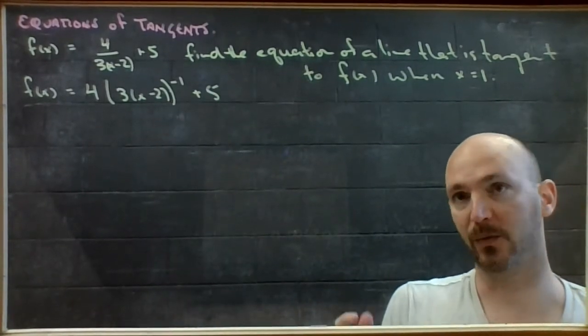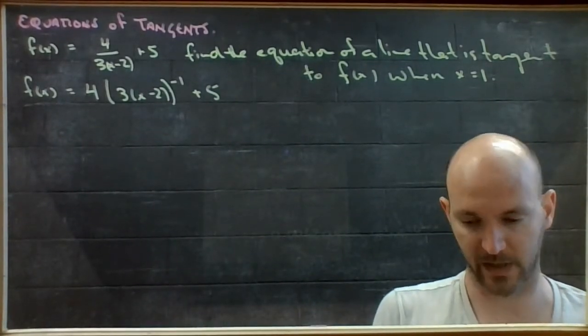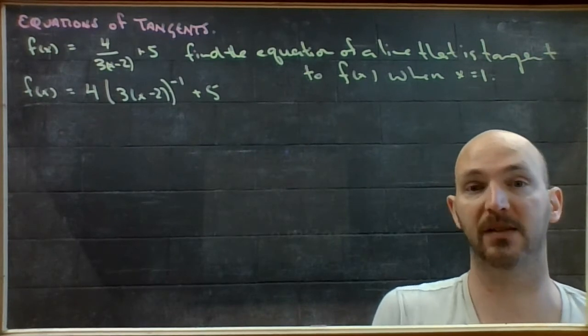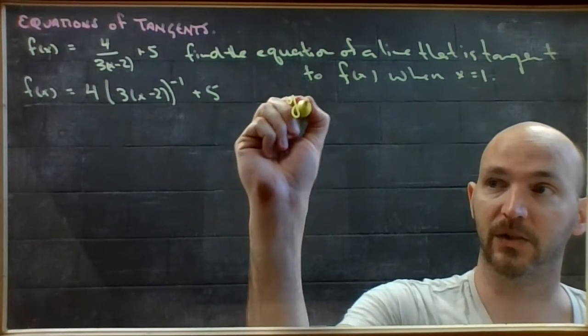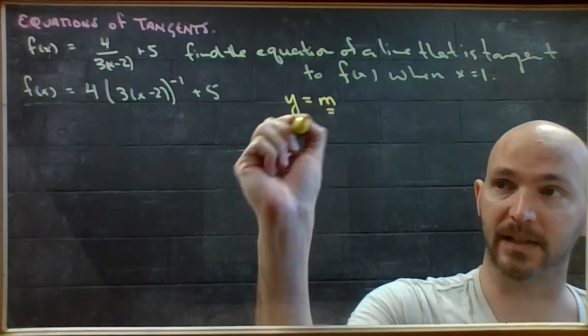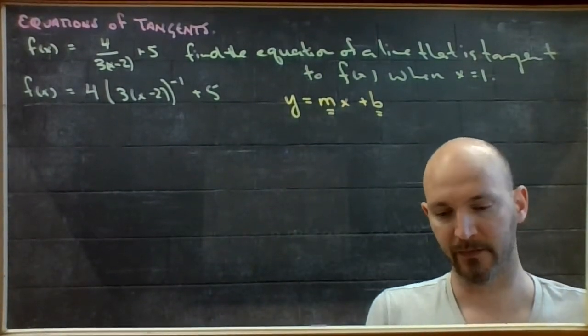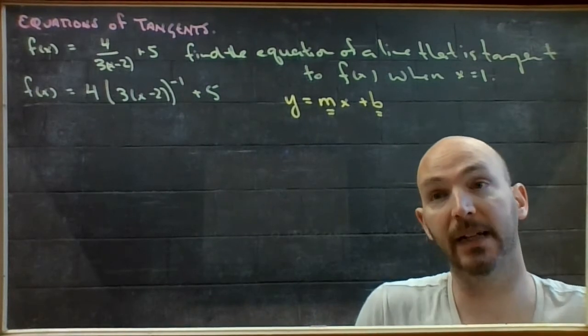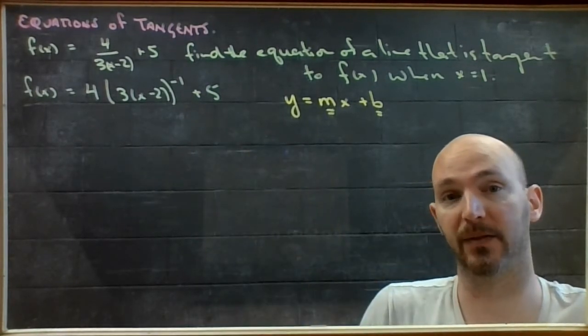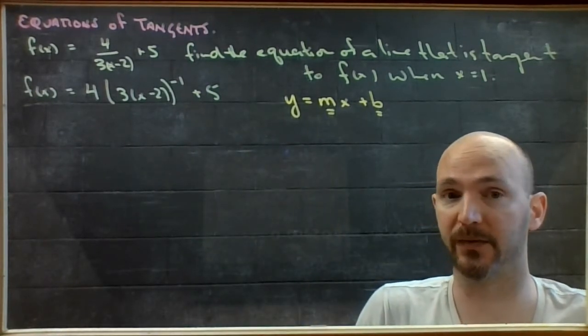Okay, so when you go to write the equation of a line, there are two pieces of information you need to have. You need to have the slope, that's there, and you need to have the y-intercept, that's there. So I can get the slope by taking the derivative of this function, because that's what derivatives do.